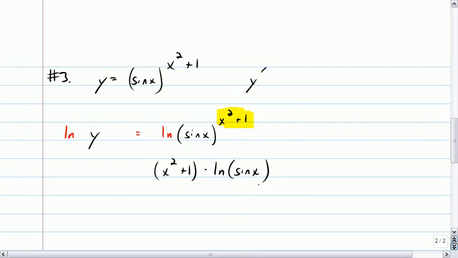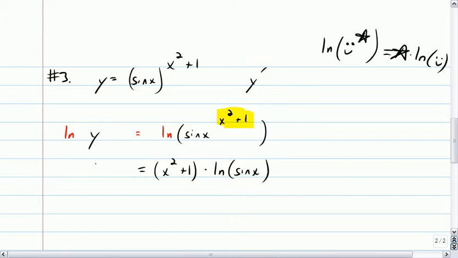By properties of logarithms, the natural log of smiley face to the star is star times natural log of smiley face. I just use that property.